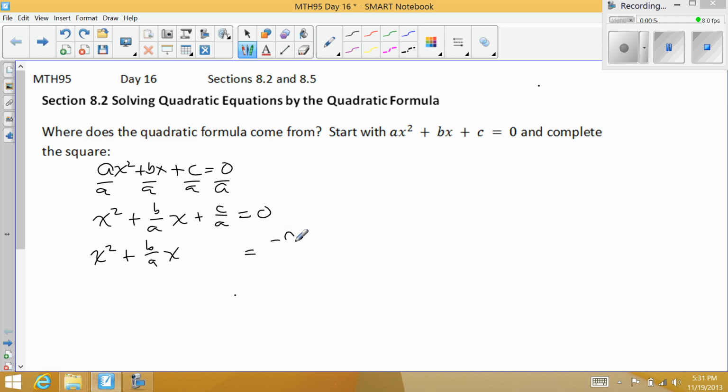So bringing this over will be a negative c over a. And then our magic number will be half of b over a, squared. So b over 2a squared plus b over 2a squared.